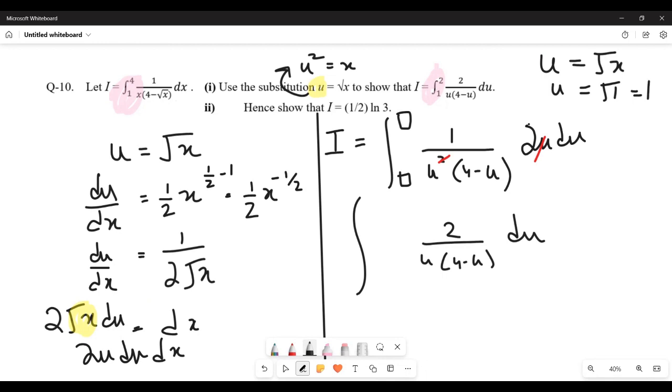So x equals 1 gets replaced with u equals 1. But when x is 4, then u would be 2. So we write 2 here. Okay, so we have shown the conversion, that this converts into this if we use the given substitution.